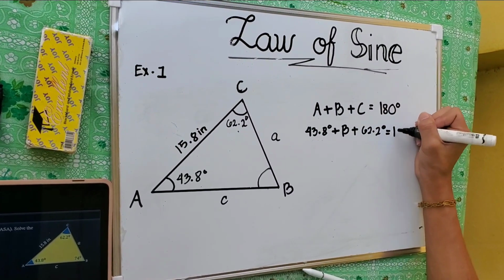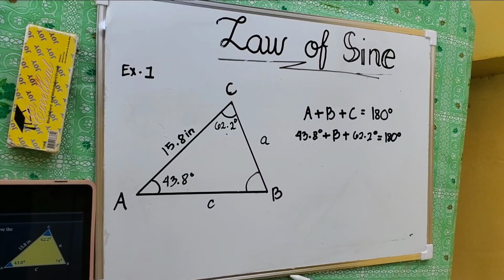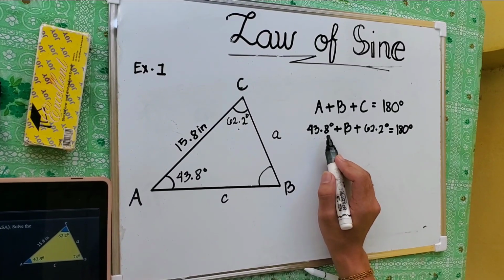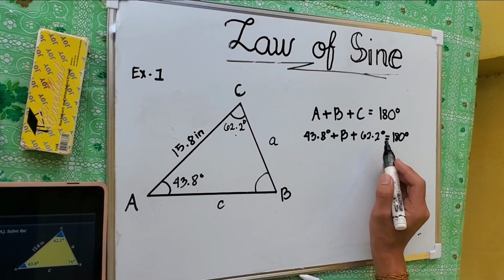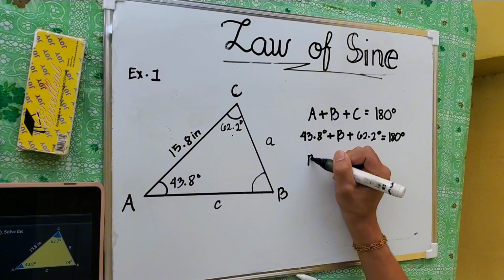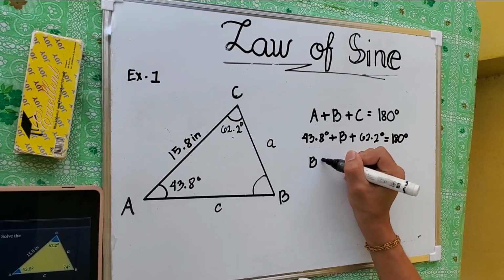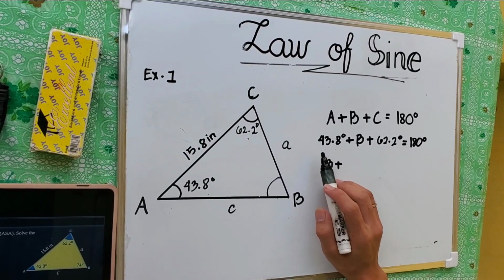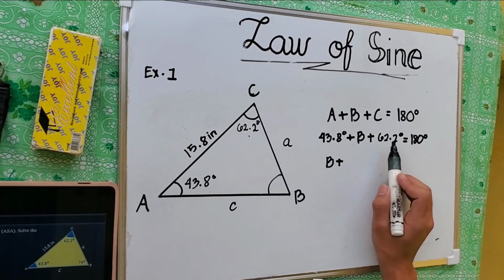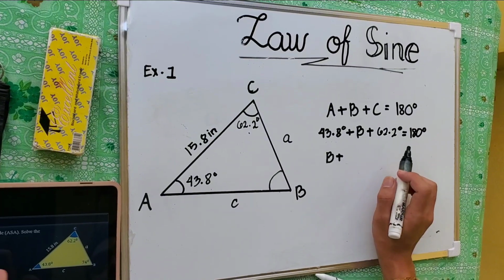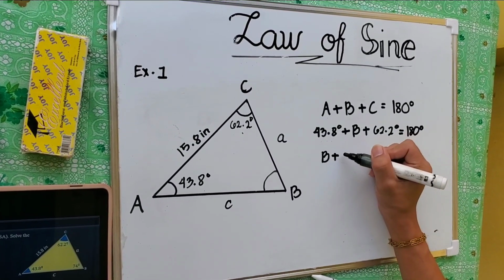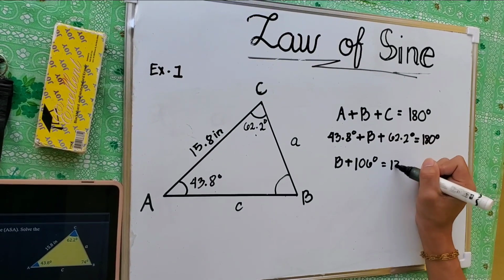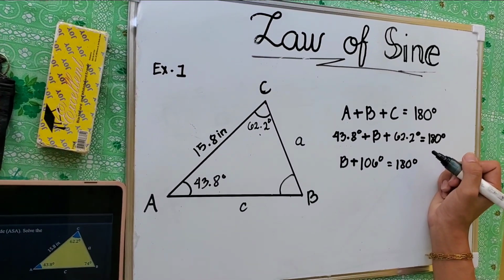Then we add the values: 43.8 plus 62.2 is 106 degrees, so 106 degrees plus B is equal to 180.